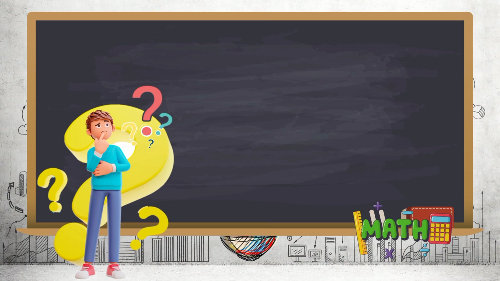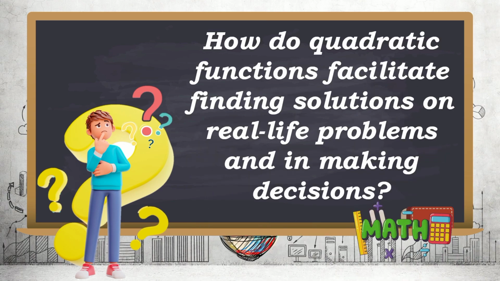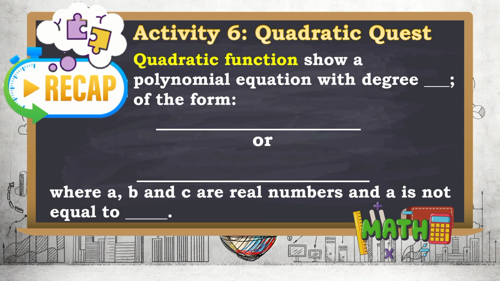Now, going back to our essential question, how do quadratic functions facilitate finding solutions on real-life problems and in making decisions? For activity 6, quadratic case. Quadratic functions are polynomial equations with degree blank of the form blank or blank, where a, b, and c are real numbers and a is not equal to blank.